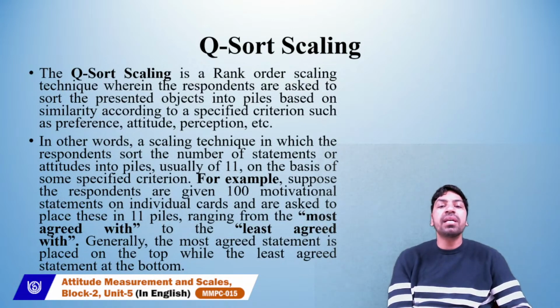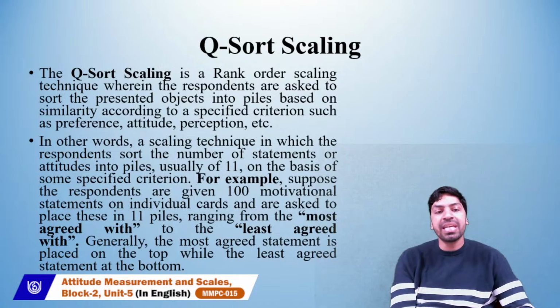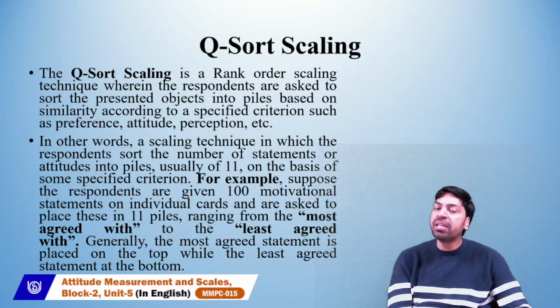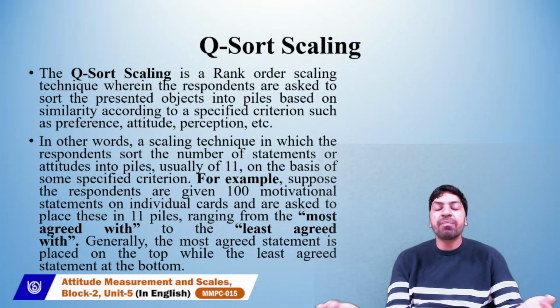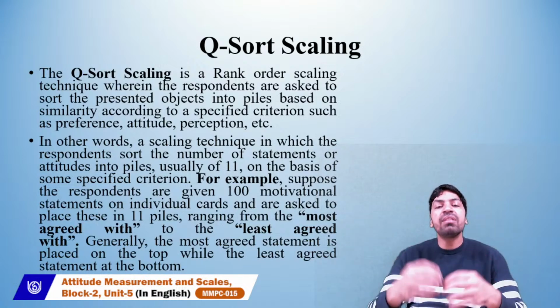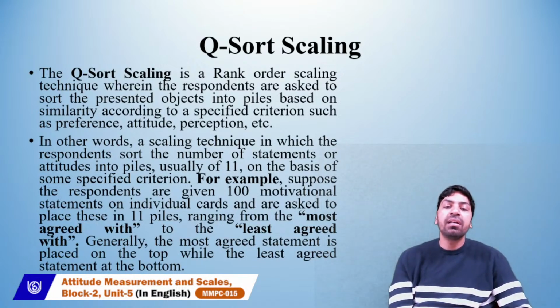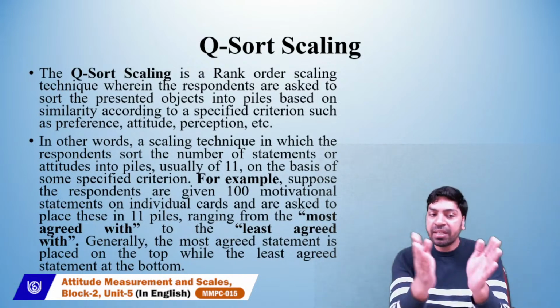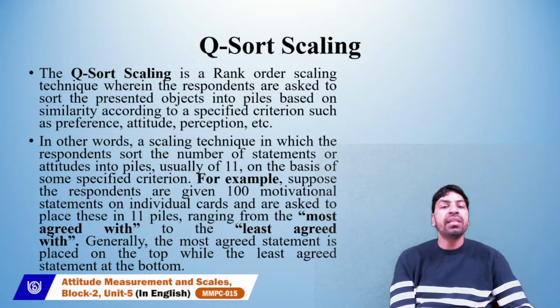Suppose the respondents are given 100 motivational statements on individual cards and asked to place these in 11 piles, ranging from the statements they agree with the most to the ones they agree with the least. That is called Q-sort scaling.